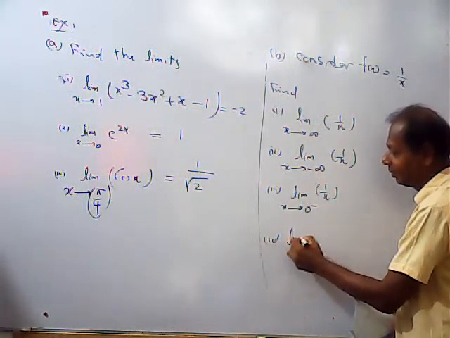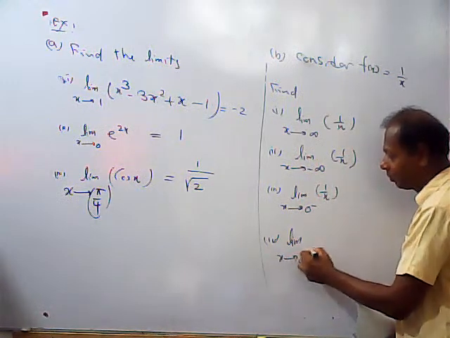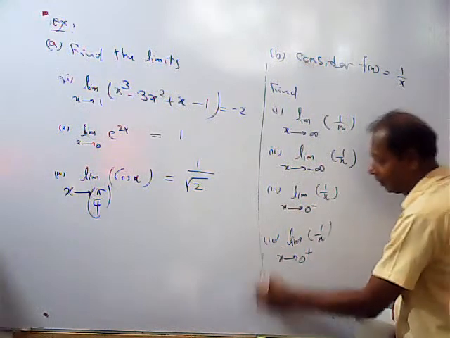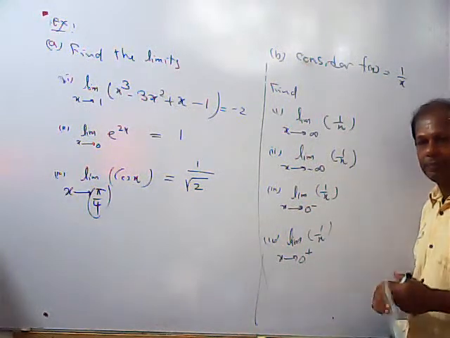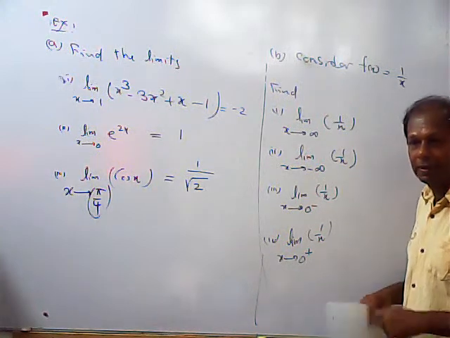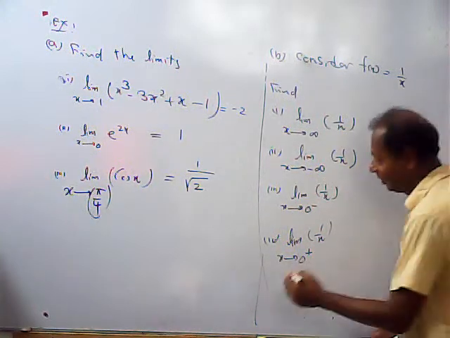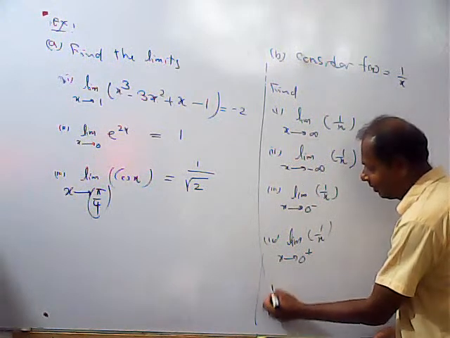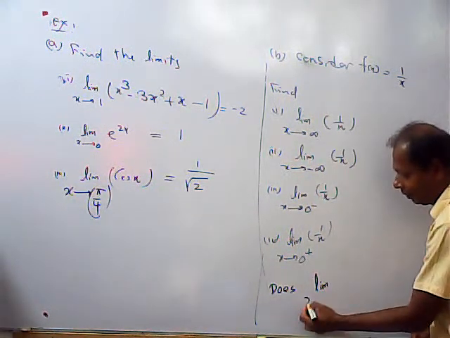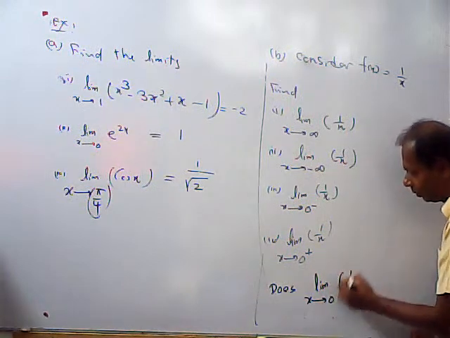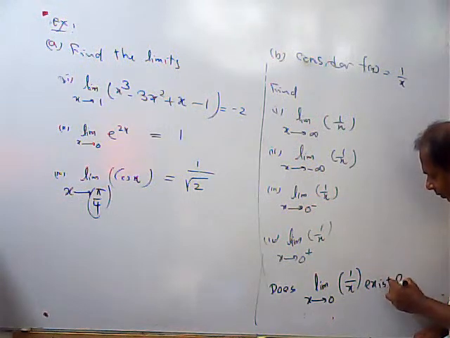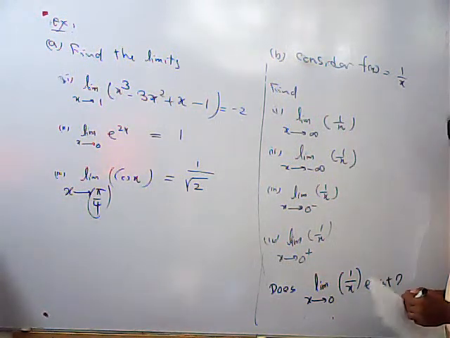The limit as x goes to 0 from the right side of 1 over x. Then I ask a question, just the limit as x goes to 0 of 1 over x, does it exist? Okay, now you can answer this.